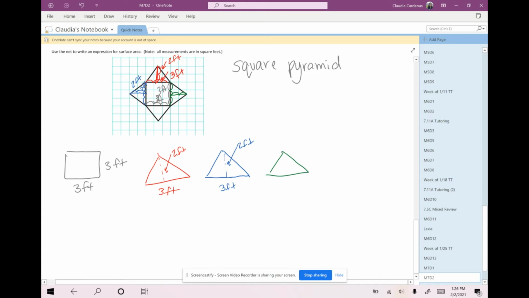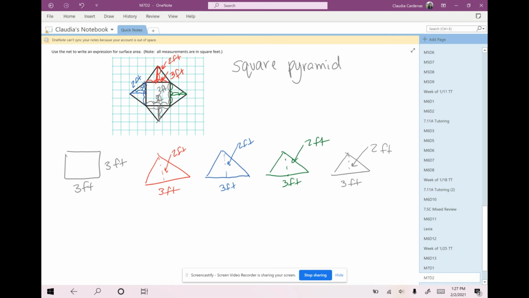So I have a third one that's 3 feet by 2 feet. And let's check the last one. 1, 2, 3. And a height of 2. All right, so we have confirmed that all four of these triangles have exactly the same dimension, but once again, we cannot assume that, so we have to make sure we check them all. All right, so since they have the same dimensions, we're going to start finding now our surface area.